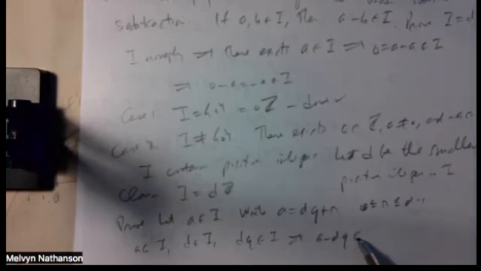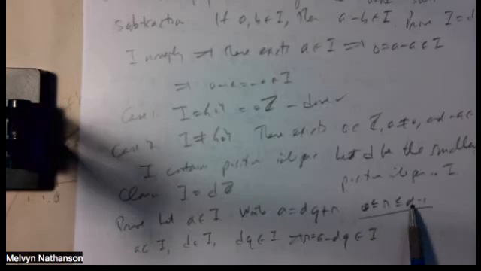So that means that since I is closed under subtraction also, A minus dq is in I. And this is equal to R. But R is between 0 and d minus 1.